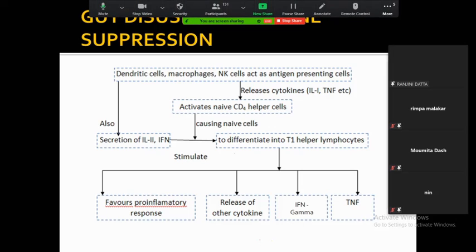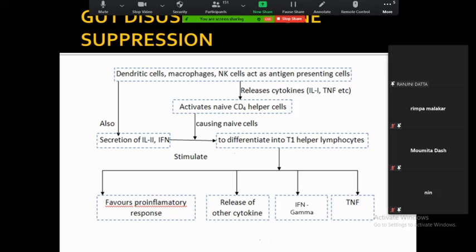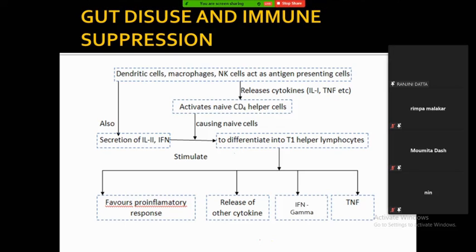One thing that one needs to know here is that gut disuse leads to the expression of additional molecules which are required for the proper attachment or homing of the naive B cells to the lamina propria and the gut associated lymphoid tissues. Of these, there is one molecule which is known as MADCAM. This is a ligand molecule.